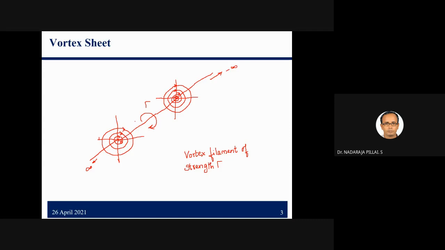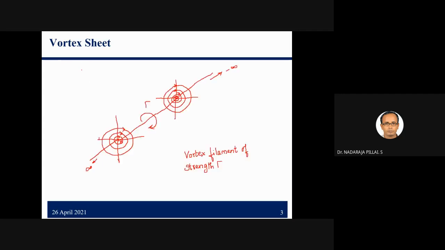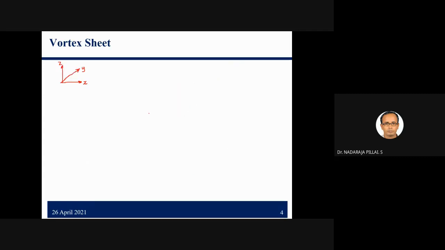Now we have another discussion. I will take this coordinate system as X and this as Z, and here it is Y. I recommend you take this down. Initially we had a point source of vortex. Now with the filament I can say that this is a line source.